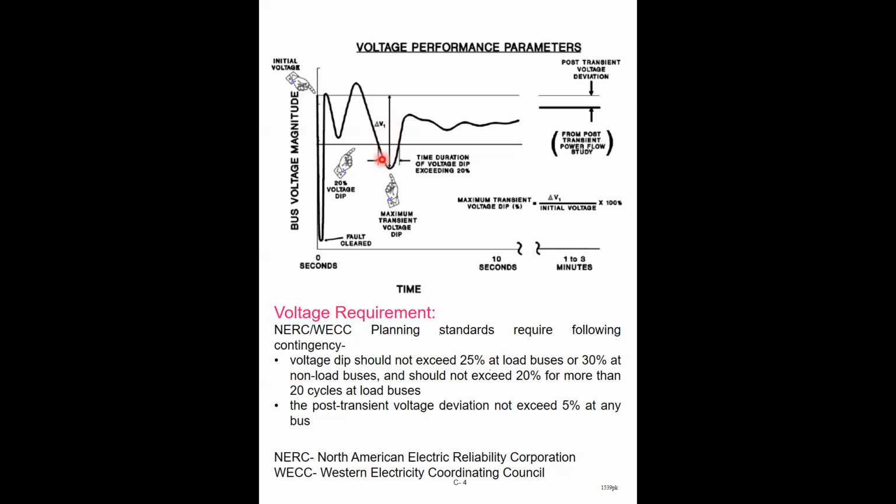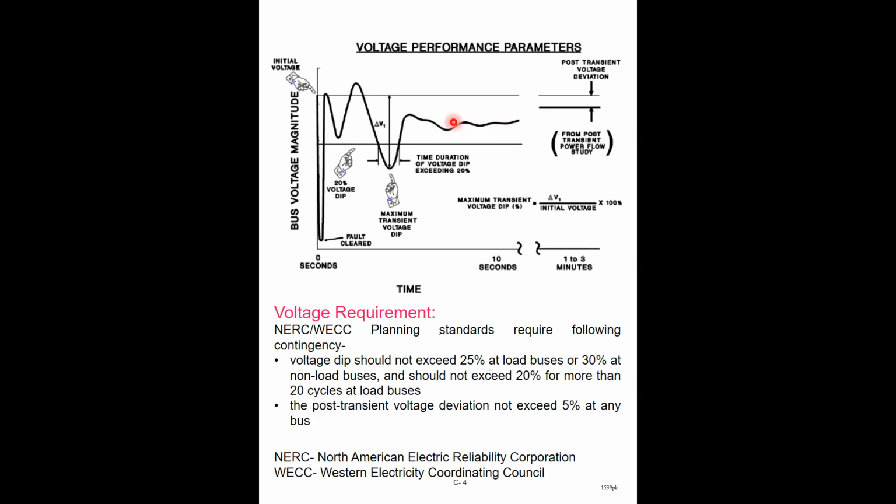And then it will be important how you can compensate or improve the voltage during the transient period here. So it is this duration where you get a voltage dip exceeding 20% here, right? And thereafter, if you are able to provide some way of compensation, then you can improve your voltage profile.